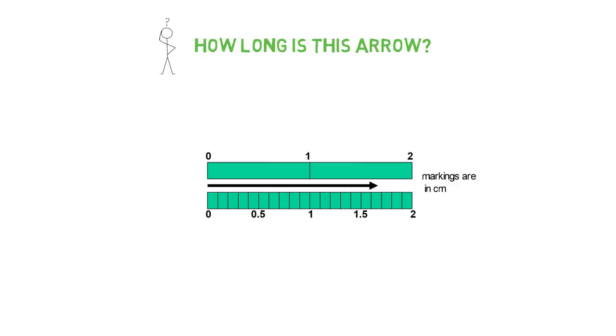So I would say with the top ruler, we know that the arrow is between 1 and 2 centimeters. And by looking at it, we can guess that it's about 1.7 centimeters. That 7 is actually a guess digit. And with this ruler, our guess digit is in the 1/10ths place. So now let's look at the bottom ruler.